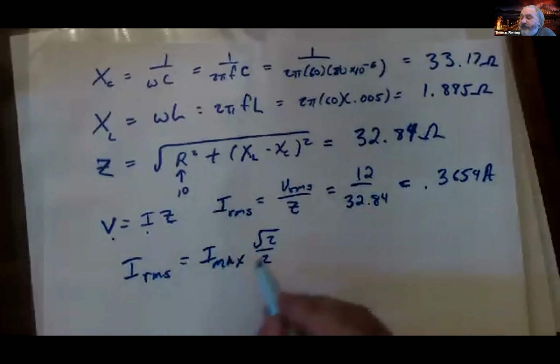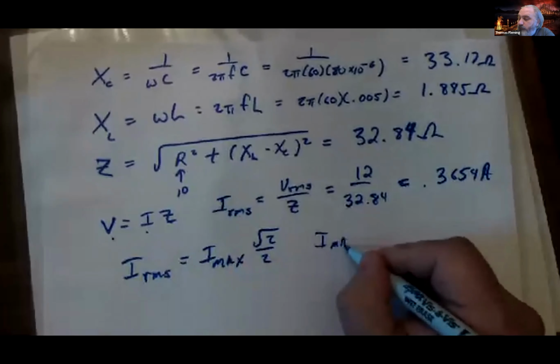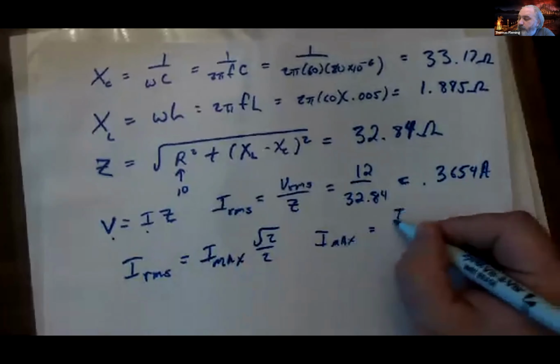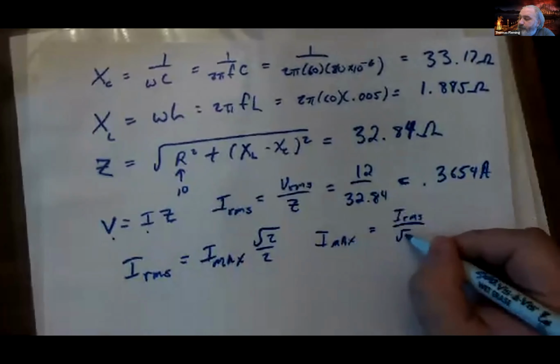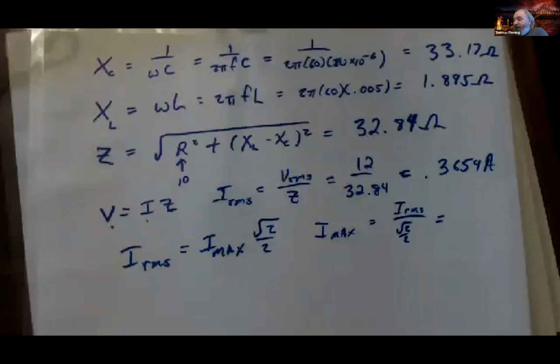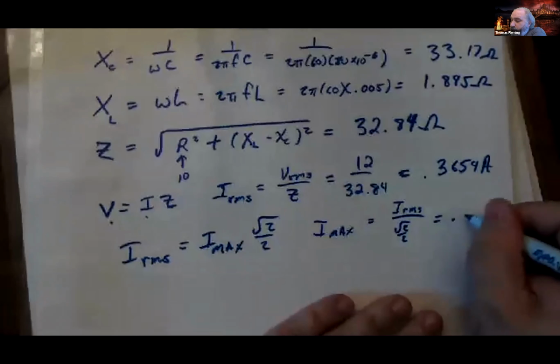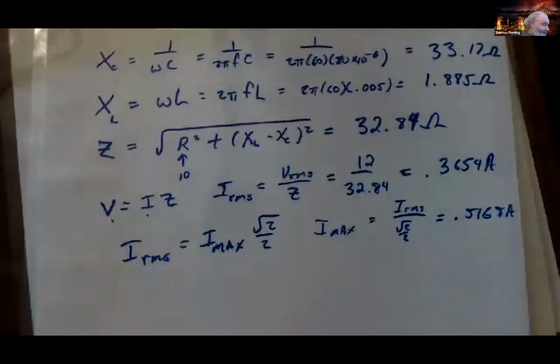So if I just rearrange this, I can find the maximum current easily enough. Current, it turns out, is going to max out at a slightly higher value of about 0.5168 amps.